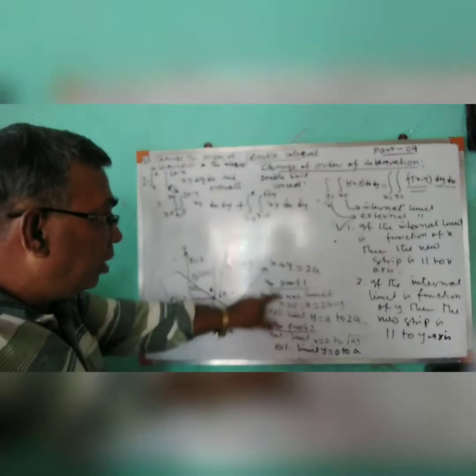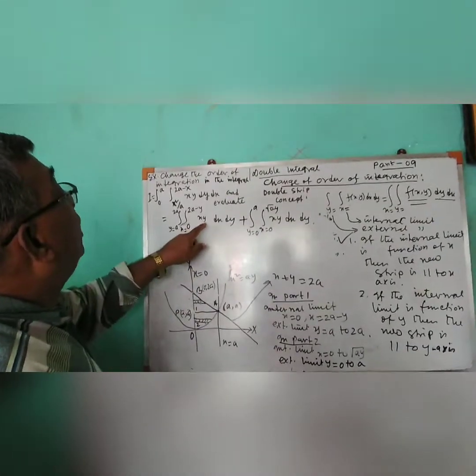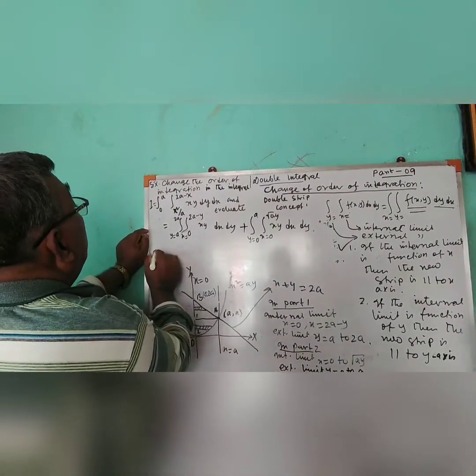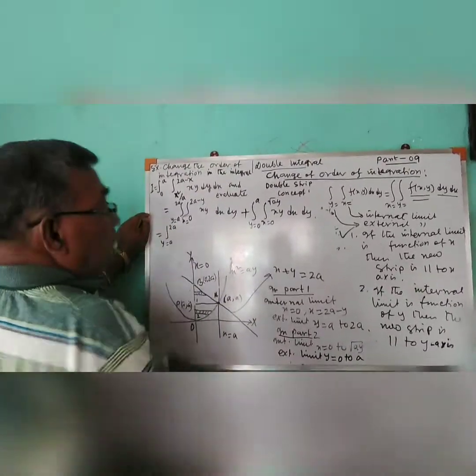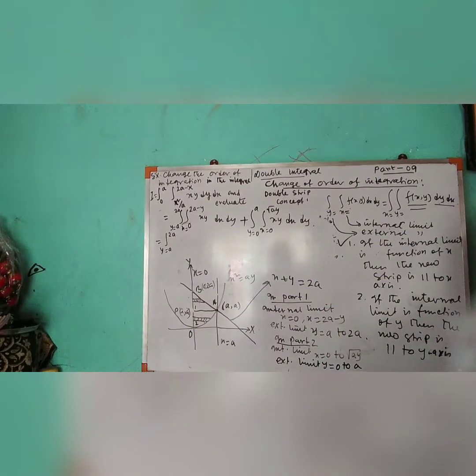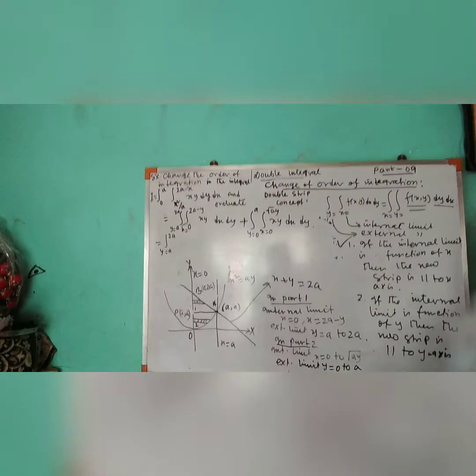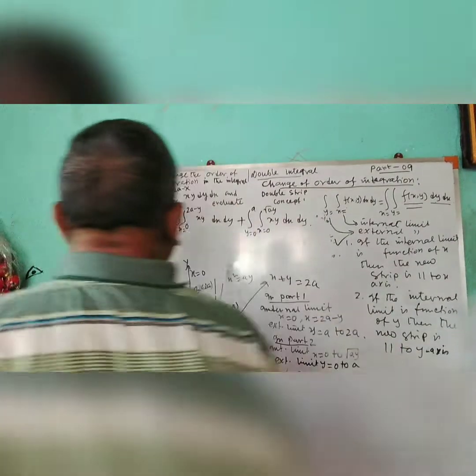This we are getting. Okay, now you have to integrate this part with respect to x first. So this will be actually y equal to a to 2a.